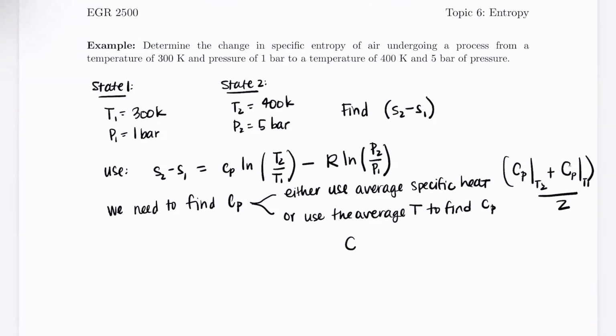Essentially, I'm going to look up CP at (T1 plus T2) divided by 2, and we'll use the tables for that. But what I am stating, if you read between the lines here, is we're going to assume constant specific heat.